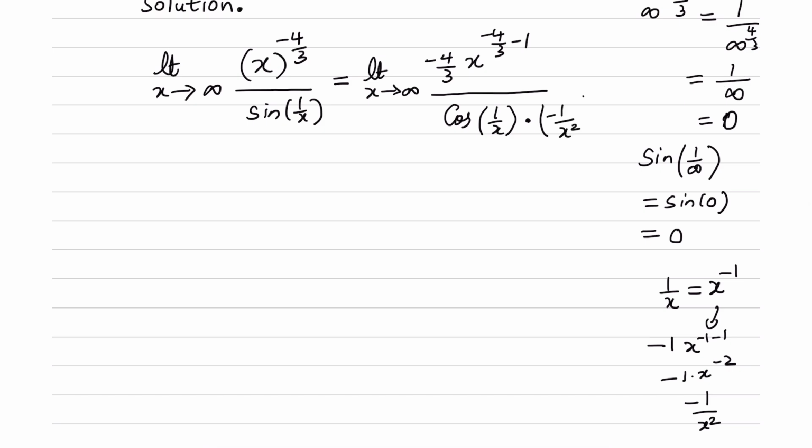See, we have applied the L'Hopital rule, but we will not apply the limit yet because we have to simplify this expression that we got. So let's simplify this expression.